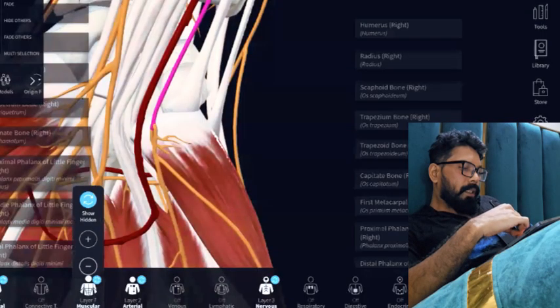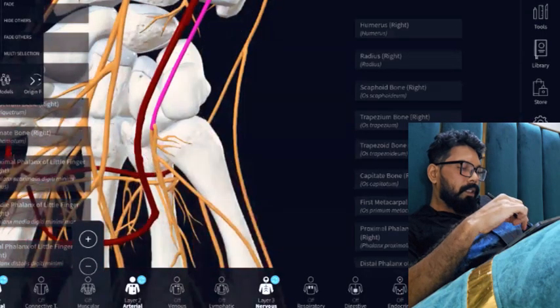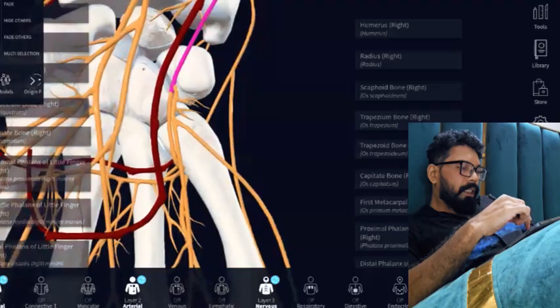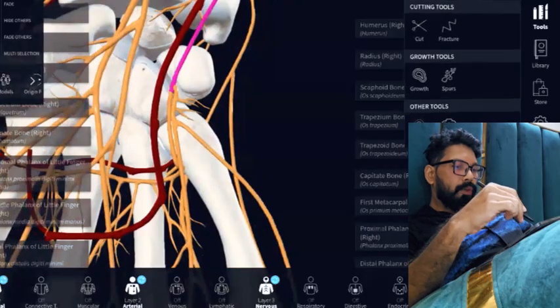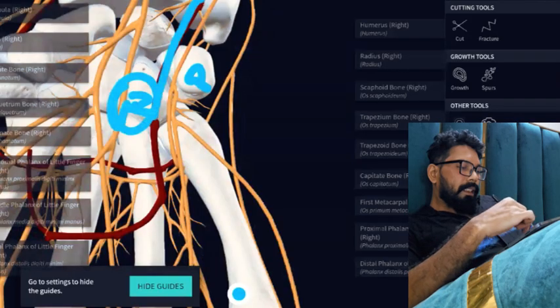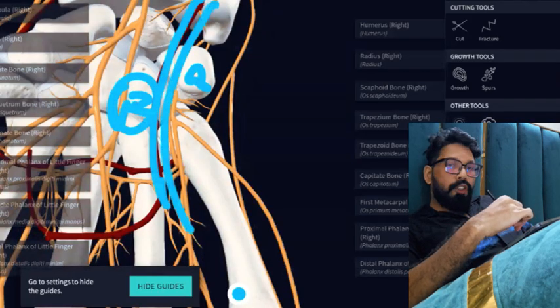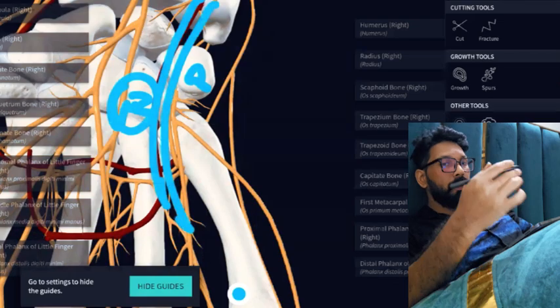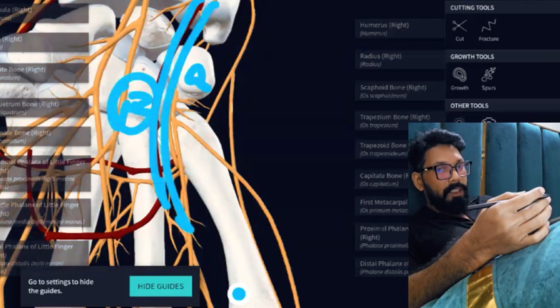In between these two, this is our pisiform, this is our hook of hamate, and this is the canal, like the Suez Canal, but this is not the Suez Canal. This is Guyon's canal.